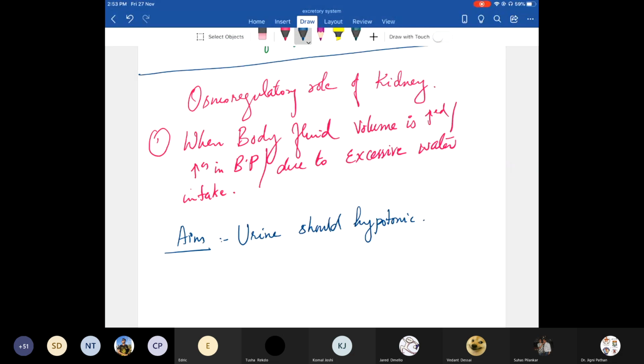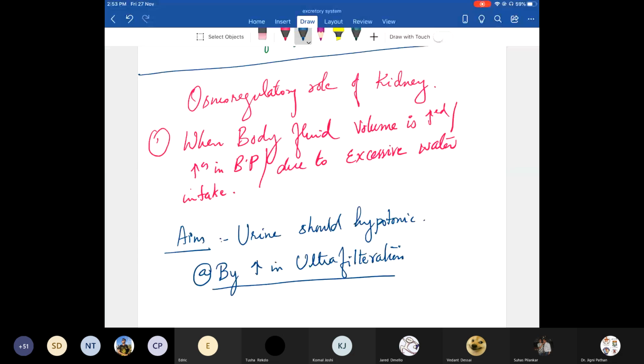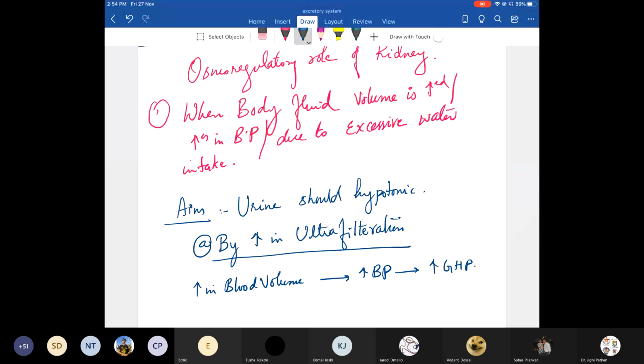This can be achieved by increasing ultrafiltration. How? First, increase in blood volume increases the blood pressure, which increases glomerular hydrostatic pressure.